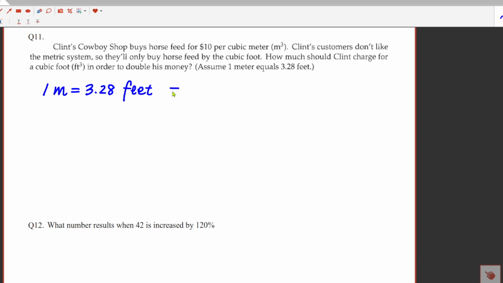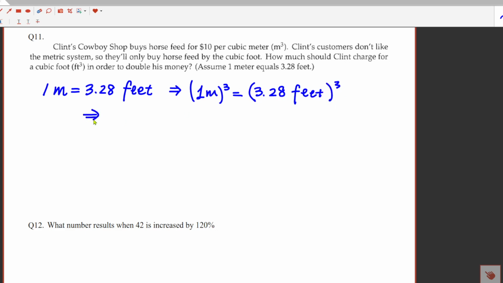And we can raise both sides to the power of 3 in order to get 1 cubic meter, right? So the left side is 1 meter raised to the power of 3, equals the right side also raised to the power of 3.